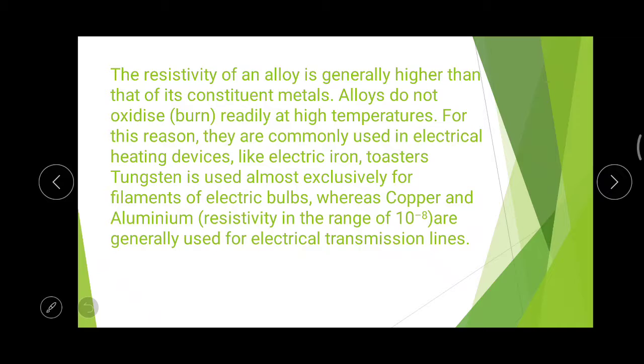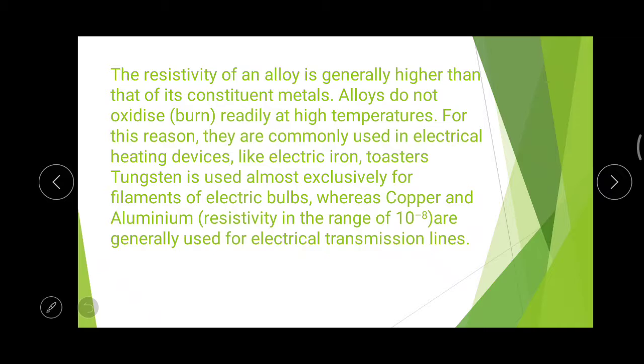But copper and aluminium have very low resistivity, in the range of 10 to the power minus 8. That is the reason why aluminium and copper wires are used in electrical transmission lines. Aluminium wires are used in the normal electric lines, isn't it? For the wiring that we do inside houses, we use copper wires.